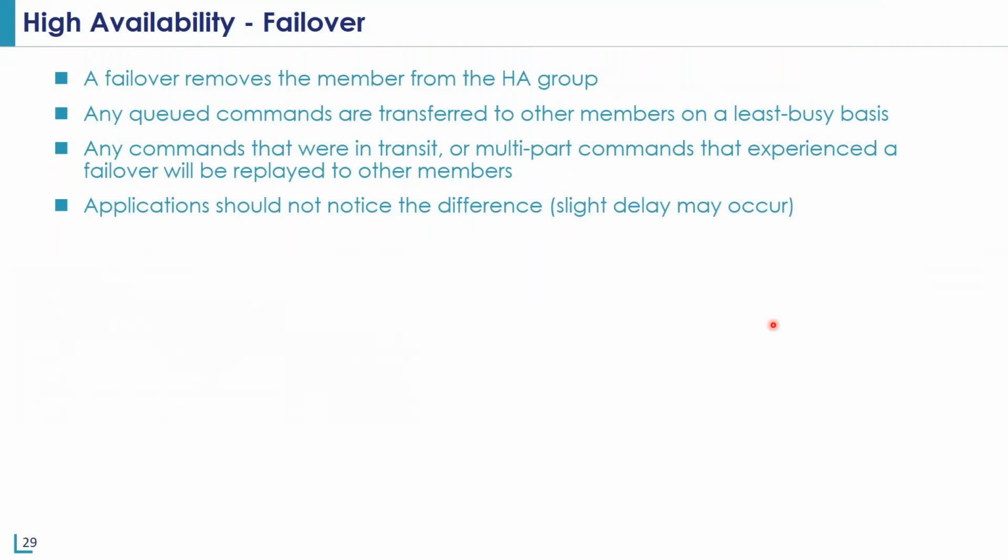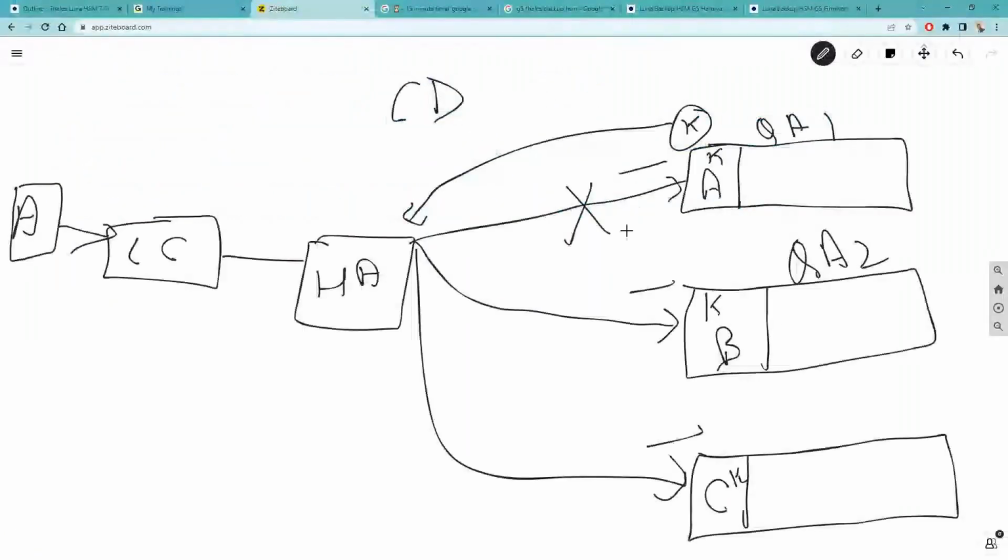So yeah, failover is again managed by your Luna client, completely transparent to your applications. In the example which Sabah mentioned, let's say you were getting around 800 operations per second when both QA1 and QA2 were available.